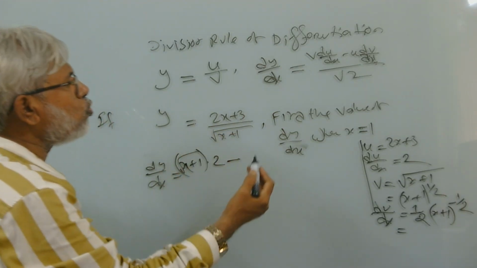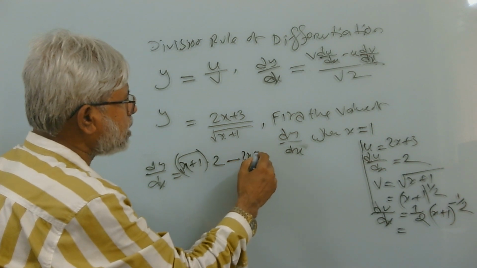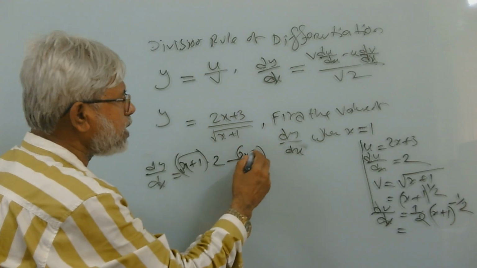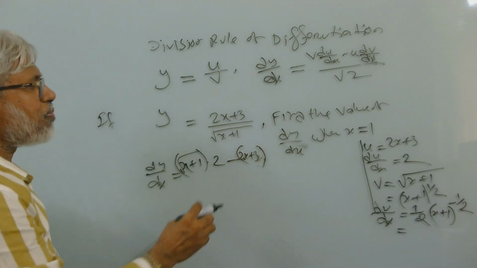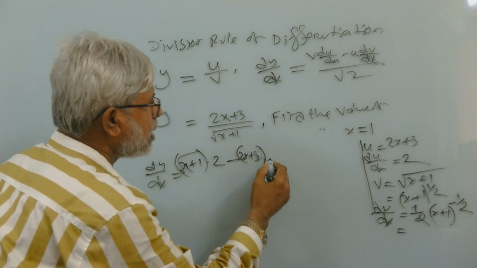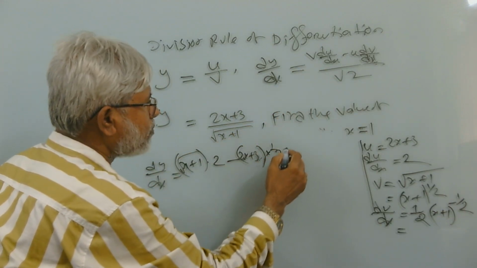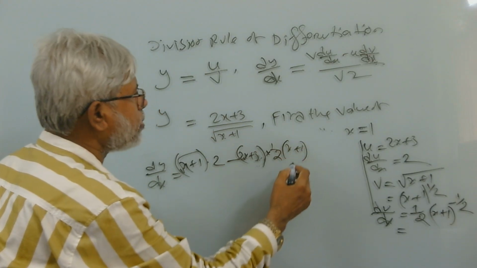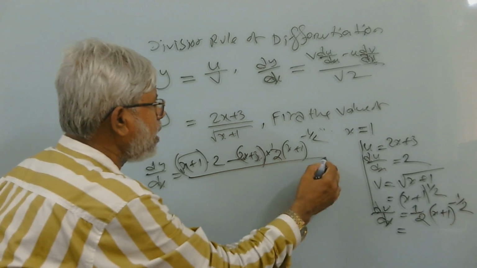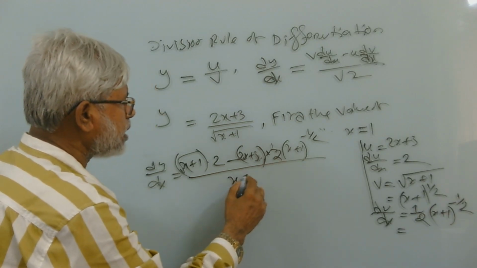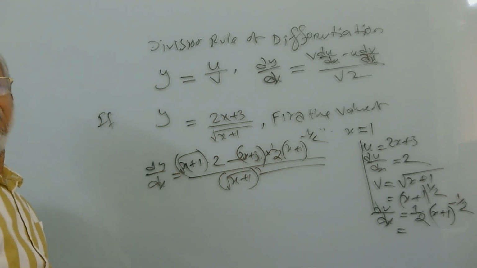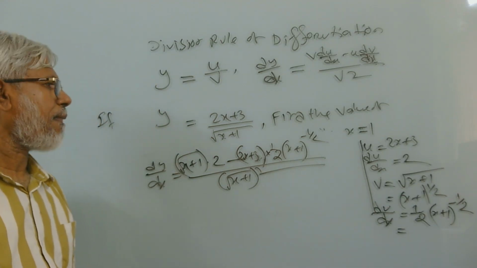Minus u, which is twice x plus 3, then u dv by dx. dv by dx means into half x plus 1 to the power minus half, divided by v squared, meaning root over x plus 1 whole squared.